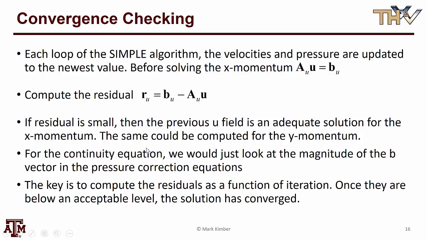But when you run a simulation like in STAR or some other commercial package, you'll see a plot of the residuals as a function of your iteration number, and this is exactly what it's doing. It's calculating that residual for each of the three momentums and continuity, and we do this separately because this is what's called a sequential algorithm.